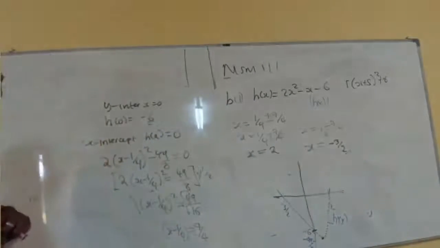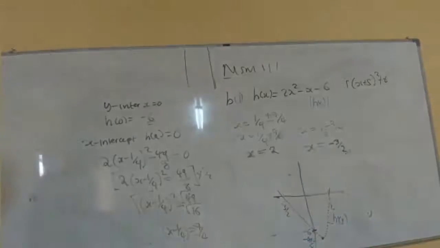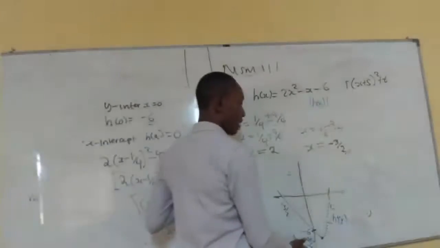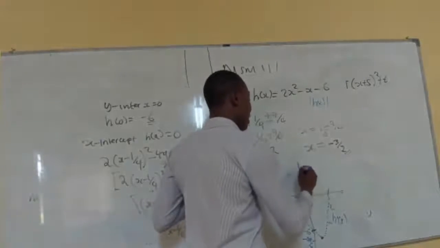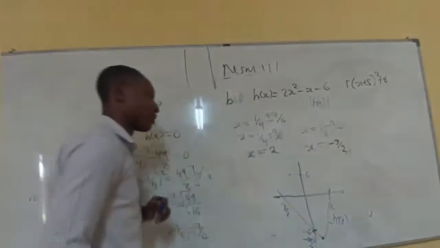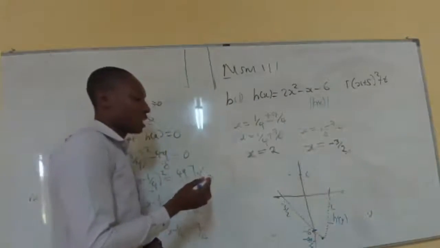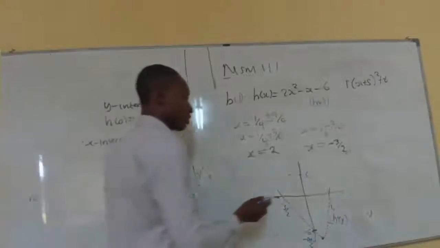Now, the absolute part simply means that whatever is negative is made positive, right? So the absolute value of the intercept will no longer be at negative 6, but the intercept will now reflect at positive 6. And the turning point will also shift. Instead of being negative, it will become positive.